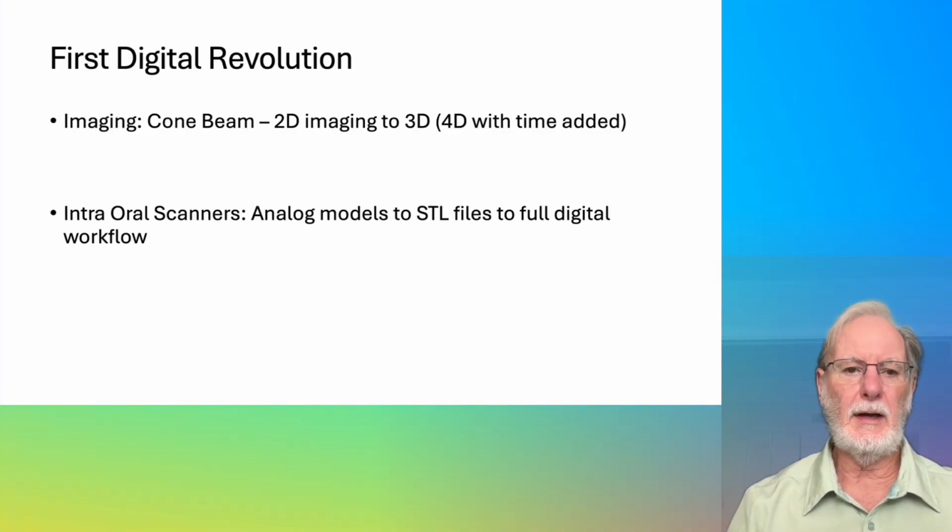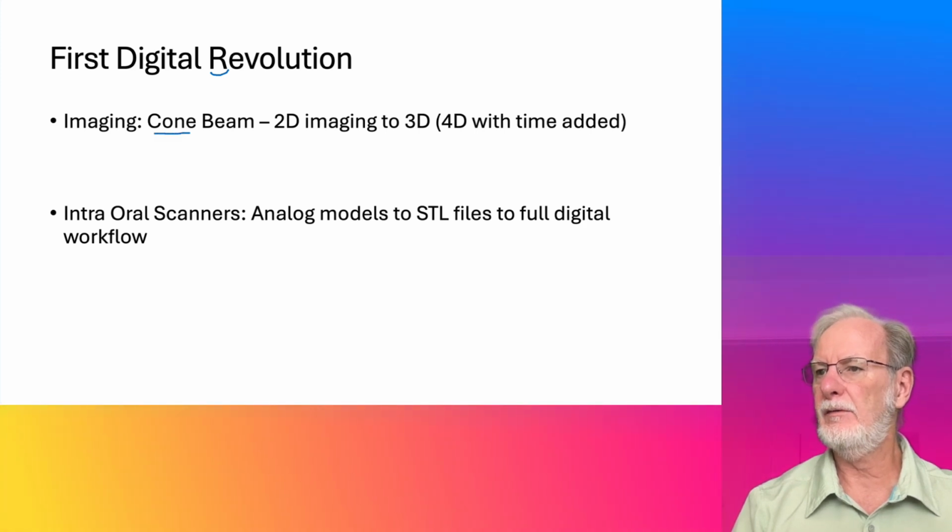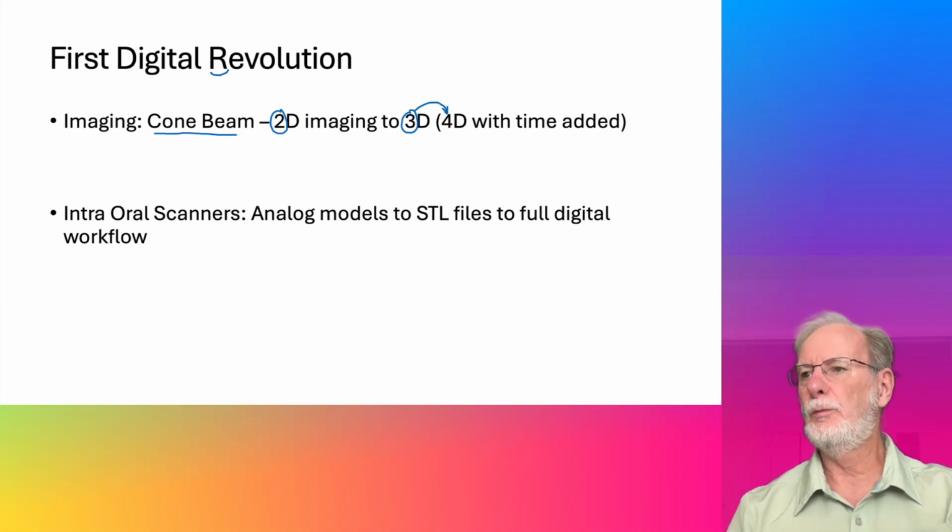If we want to go back fairly quickly to digital revolution or evolution, there was kind of a revolution. The first one was in the 1990s. We went from 2D imaging all the way to 3D, and then if you sequentialize, you can almost go for 4D with technologies that allow you to superimpose cone beams.